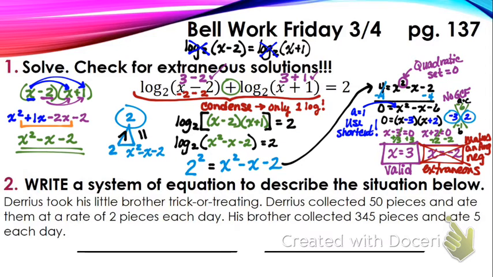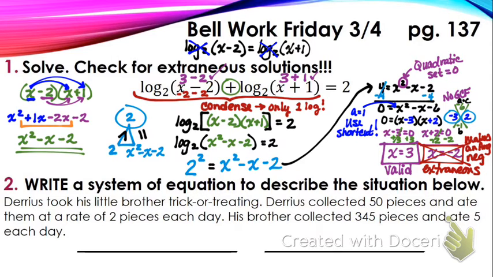So I think the word that I'm getting hung up on here is... I'm not trying to be overly critical, but our language matters, and I just want to make sure that I'm communicating clearly. So we don't ever actually cancel our log out. We're rewriting it. So when I rewrite it as an exponential, exponentials undo logs.